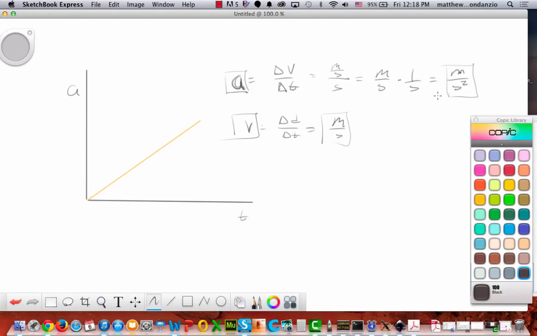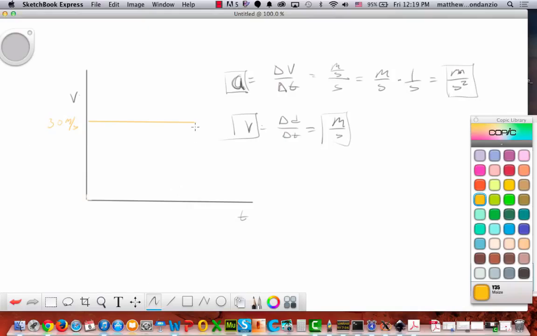Now, let's say I changed this graph, and I made this a velocity versus time graph. And let's say I was traveling at 30 meters per second.